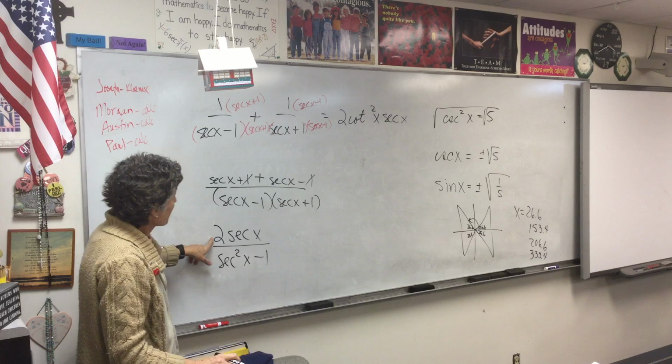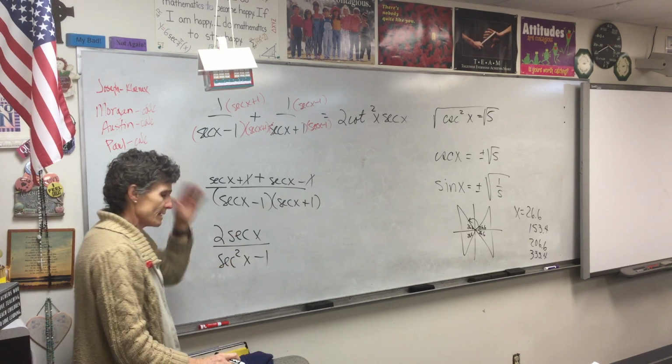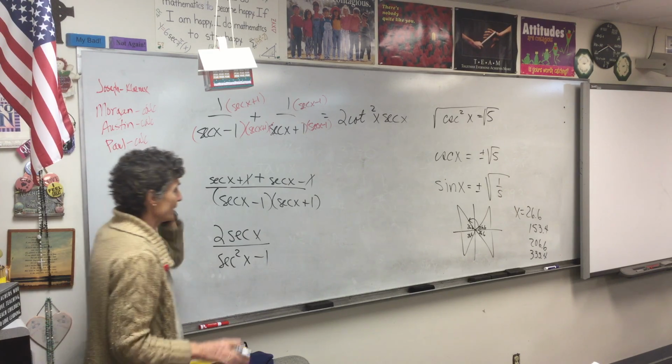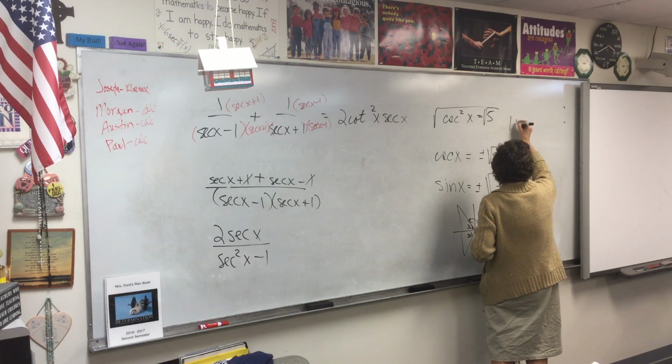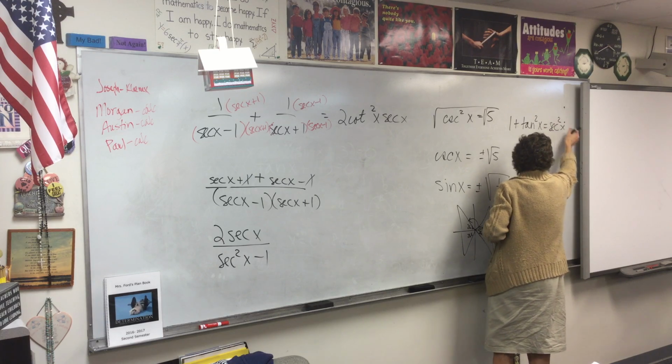Let's see. Alright, wait a minute. Secant squareds and 1s. I got some kind of identity, but I have to write it down. That identity is 1 plus tangent squared is secant squared.